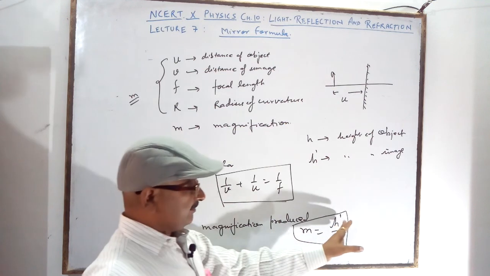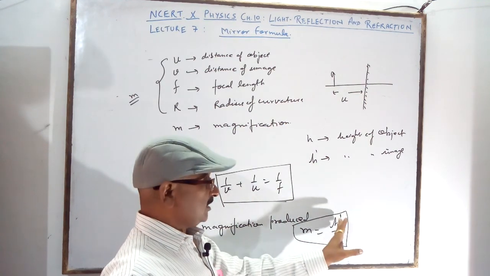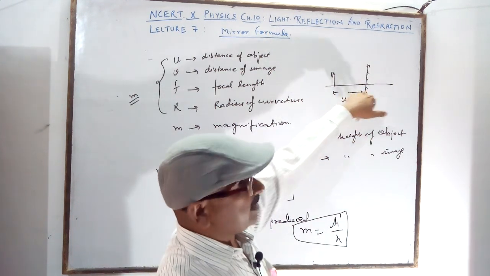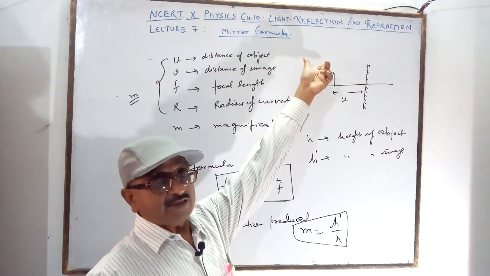Height of the image will be negative if it is real. Real means inverted, inverted means below the principal axis, and erect means above the principal axis.